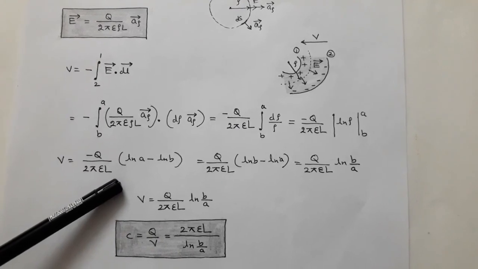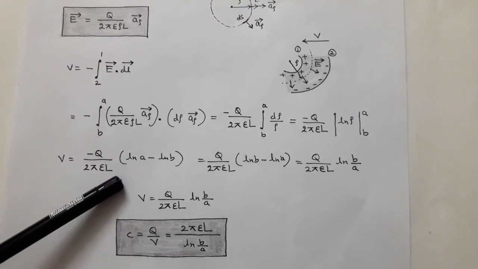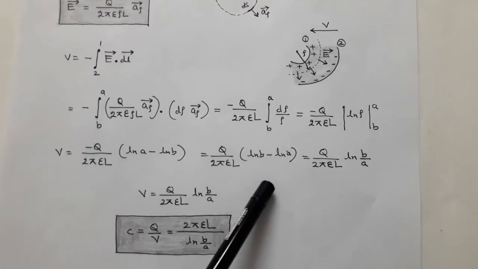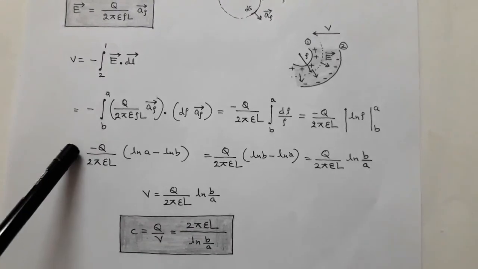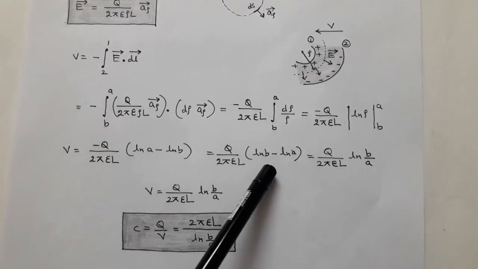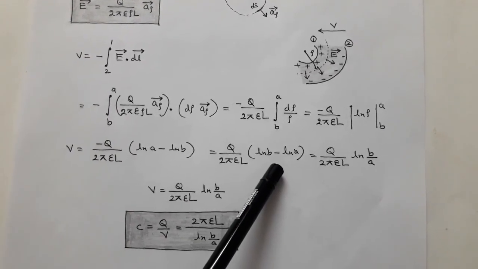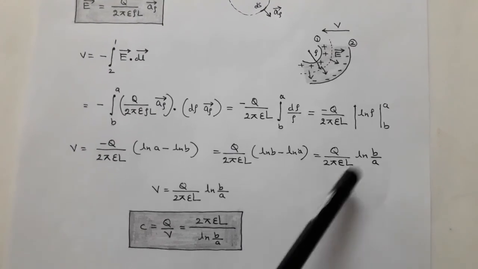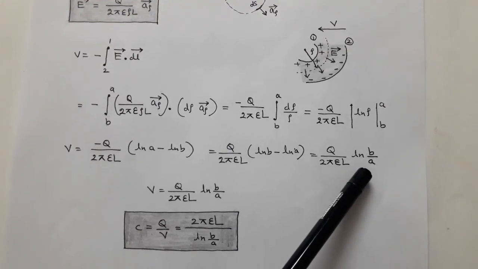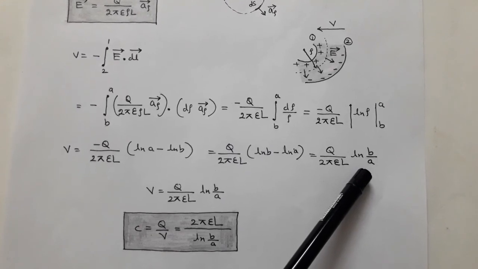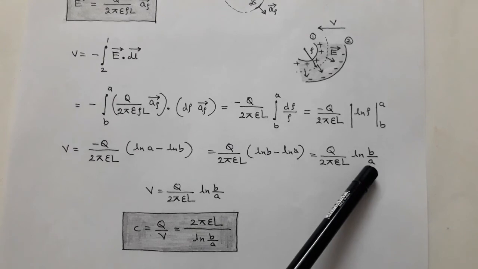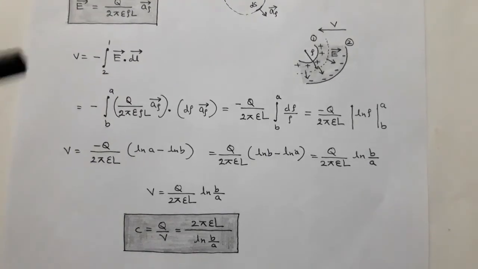Now we take the minus inside, and it becomes within bracket ln b minus ln a. At last it is written as Q upon 2 pi epsilon L ln b upon a, because ln a has a negative sign, so it goes to the denominator, ln b upon a.